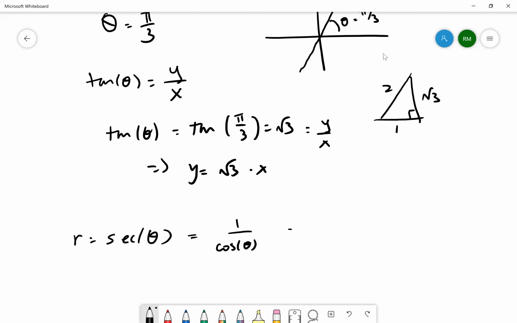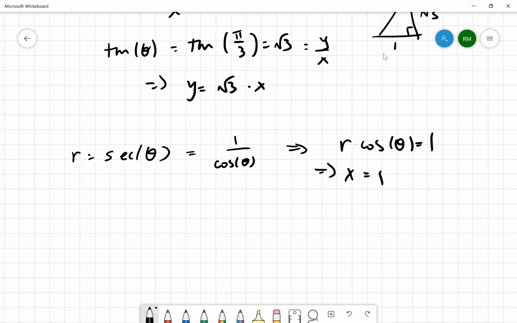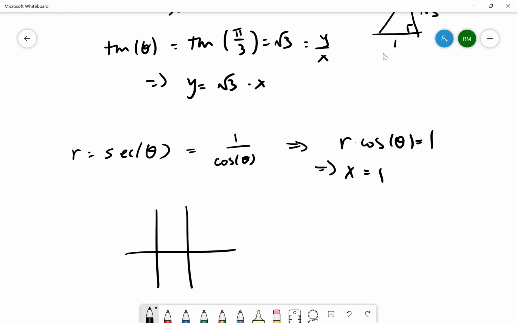We know that this is the same as telling us that r cosine theta equals 1, which is the same as x equals 1. And so this is actually the vertical line at x equals 1. And that's the graph of that one.